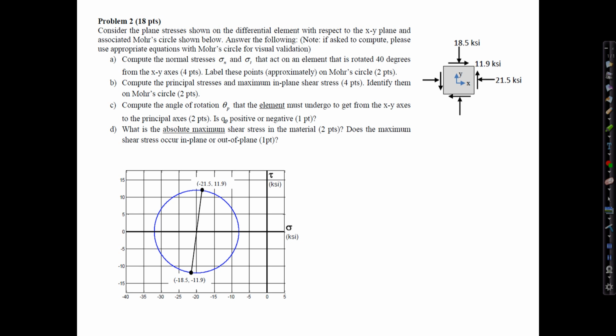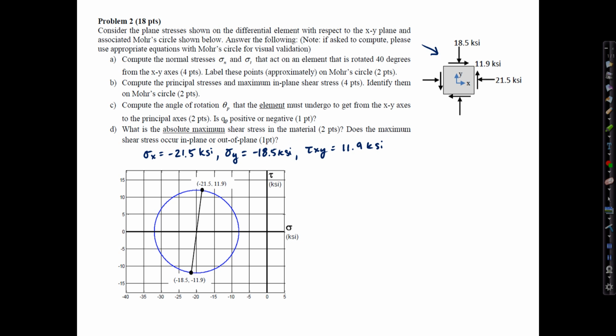The problem statement reads, consider the plane stresses shown on the differential element, that's this guy right here, with respect to the xy plane and associated Mohr's circle. Here's the stress element. We could interpret this as sigma x equal to negative 21.5 KSI, sigma y, also acting inward, as negative 18.5 KSI, and the shear stress, tau xy, equals positive 11.9 KSI.